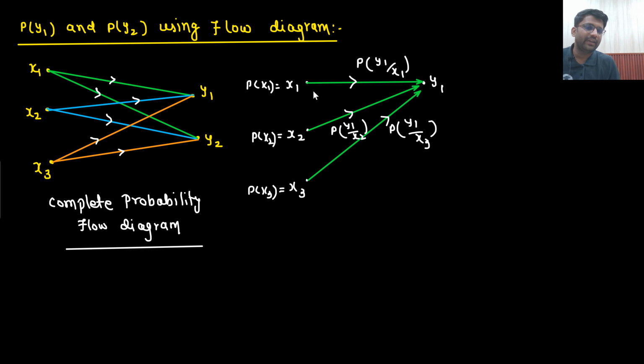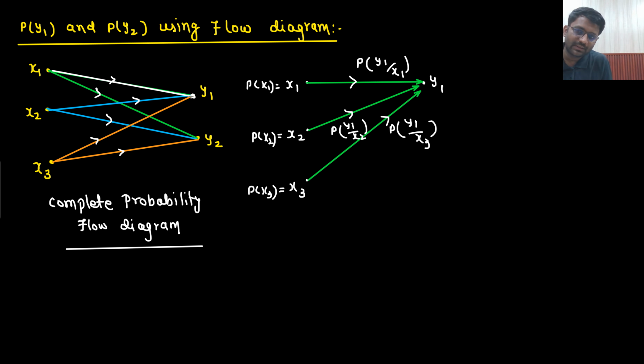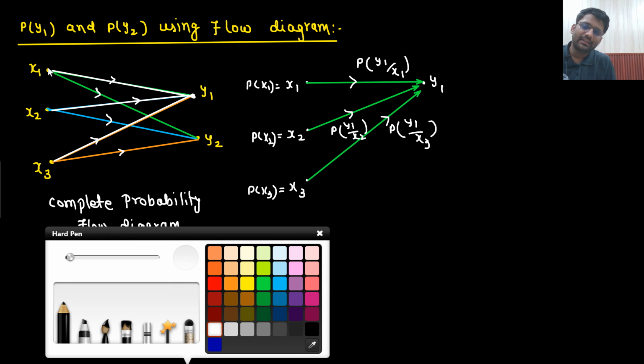So basically you would have made this diagram, then you would see the path of y1. Y1 can come from where to where? Y1 can come either from x1, or from x2, or from x3. There are three paths to reach y1, either x1 or x2 or x3.